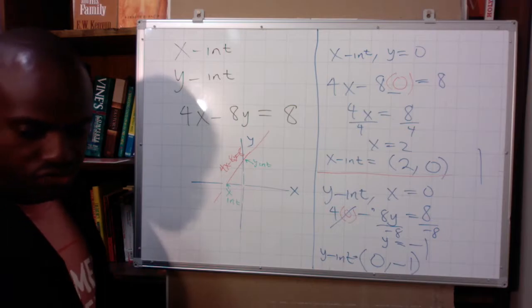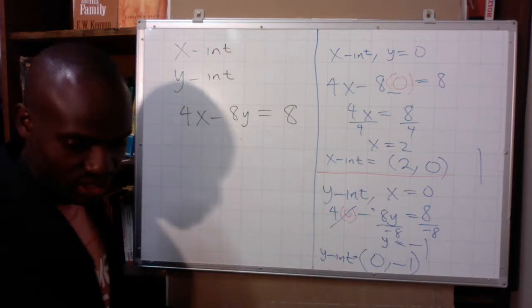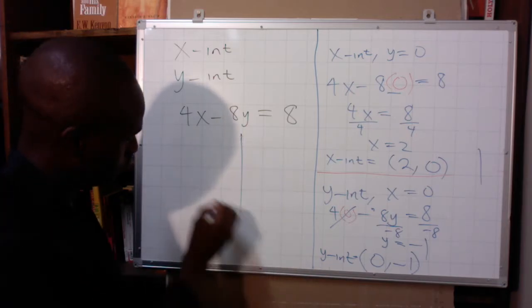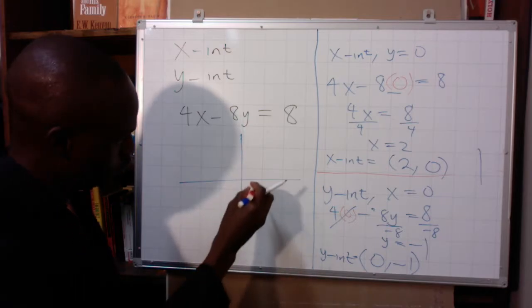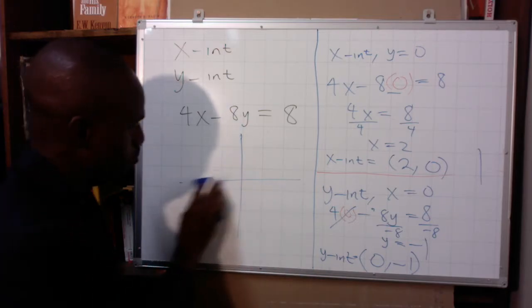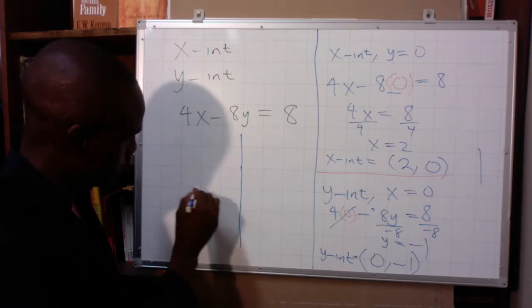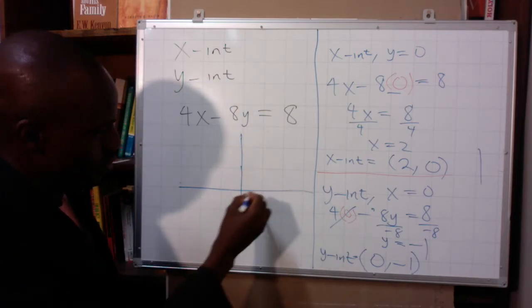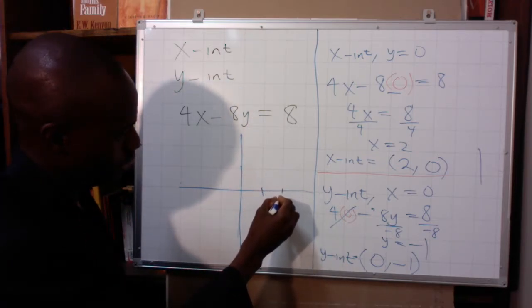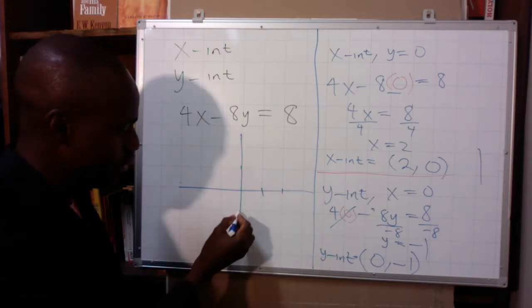I'm going to erase this to show what we actually have. We have a graph where the x-intercept is 2. I'm going to make this a little more artistic. 1, 2, that is (2, 0), and (0, -1) as our y-intercept.